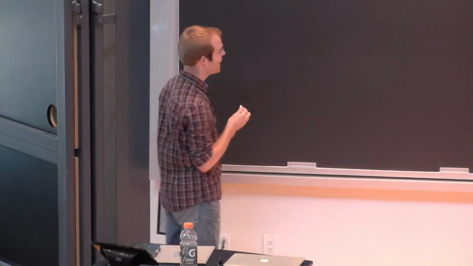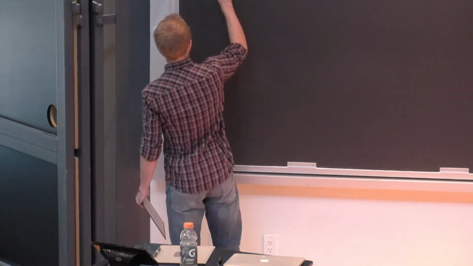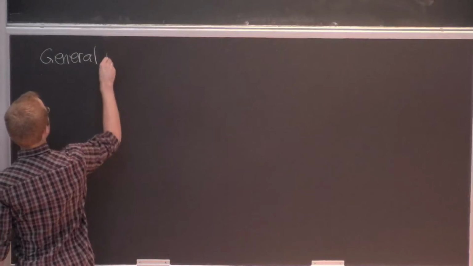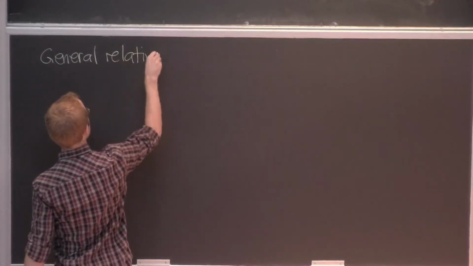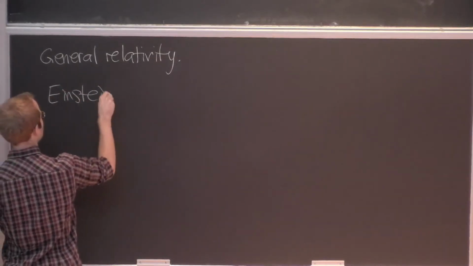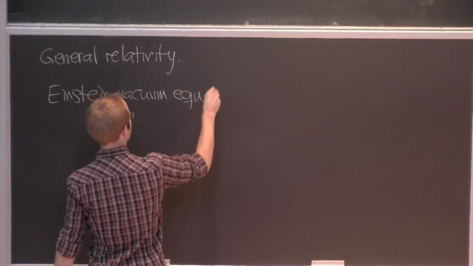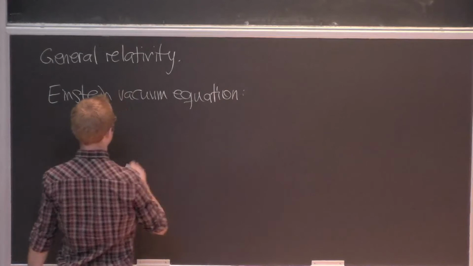OK, so all right, so this being general relativity, there's going to be an underlying equation that I'll mostly talk about, which is the Einstein vacuum equation. And of course, general relativity is much richer than just looking at vacuum.